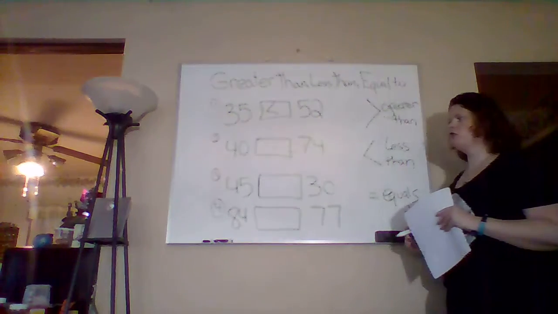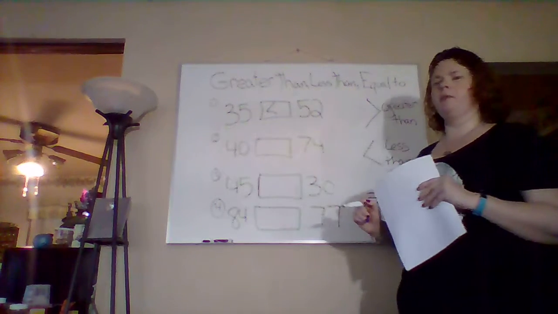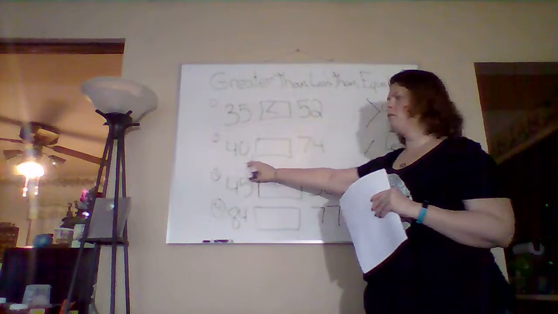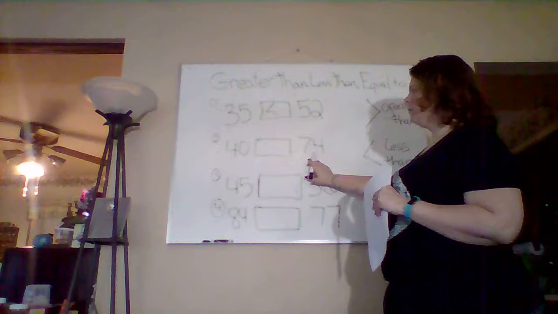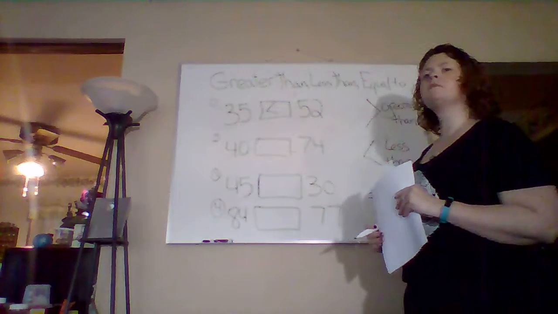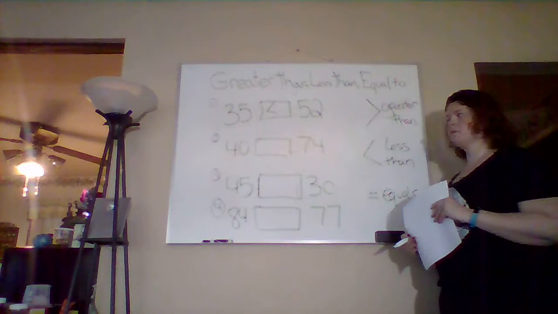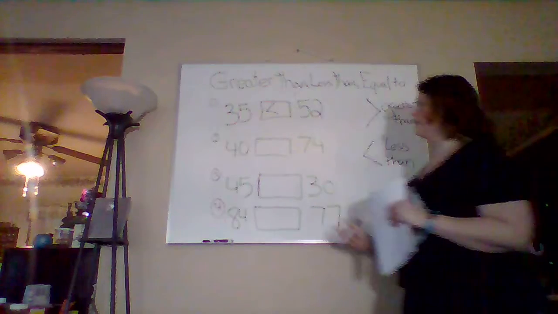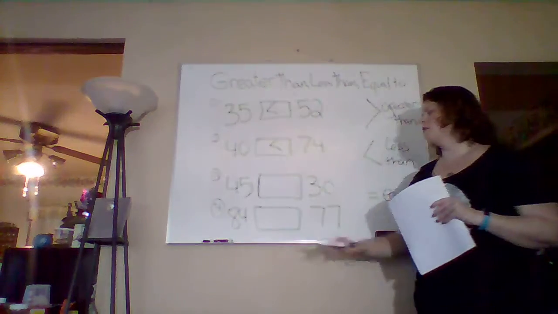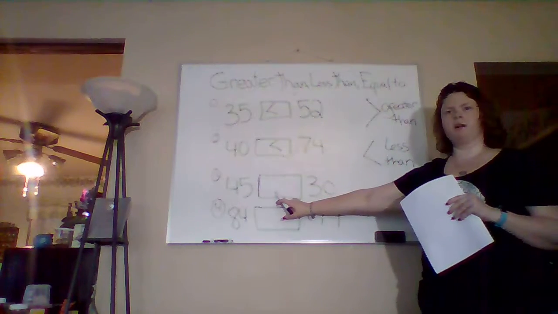All right, what about number 2? Who wants to read the problem? Desiree? 40, 74. So what symbol is going in the middle? Less than. Right.